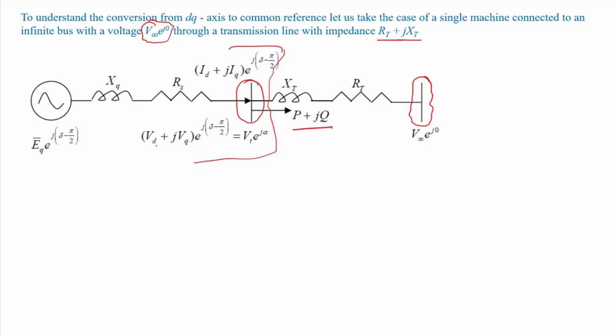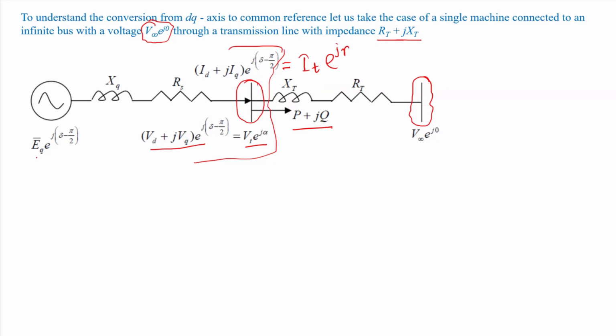It is in the common reference frame, and similarly this is nothing but equal to IT, the terminal current, e to the power j gamma, right? And here the terminal voltage, similarly in terms of dq axis parameters and common reference parameters, is represented here. And we know the internal voltage of the generator is EQ.